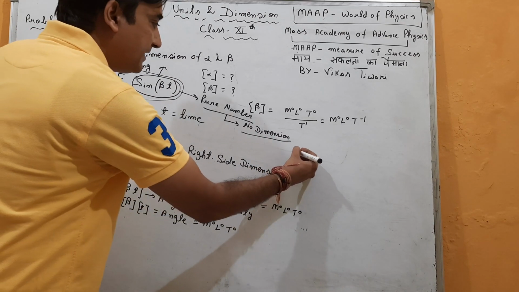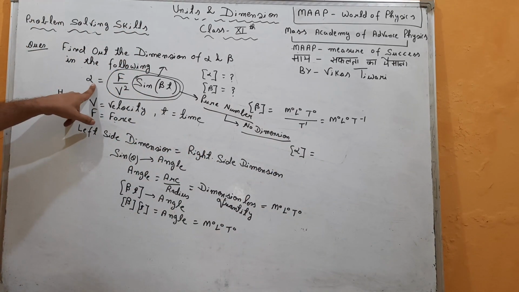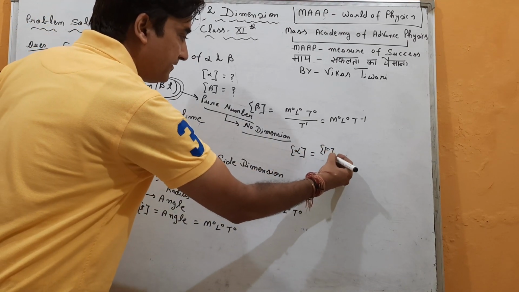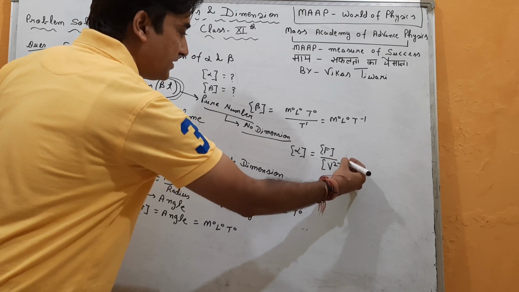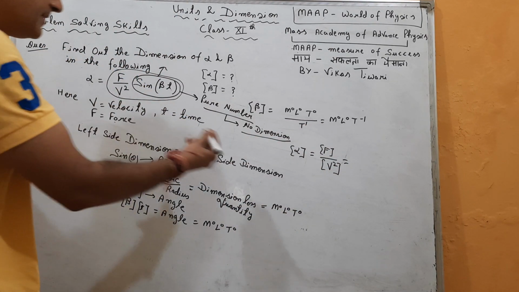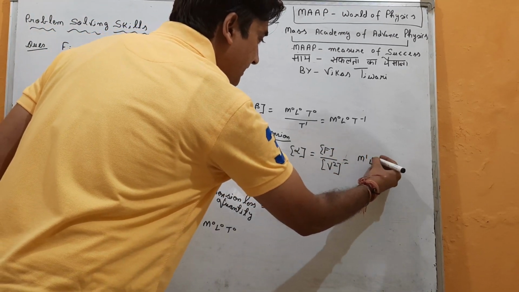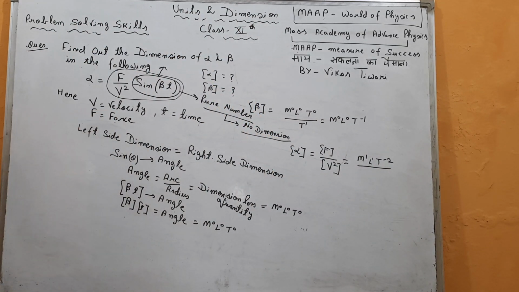So what will be the dimension of alpha? Alpha has the dimension of F divided by the dimension of v square. The dimension of force is M1 L1 T minus 2, divided by the dimension of velocity.